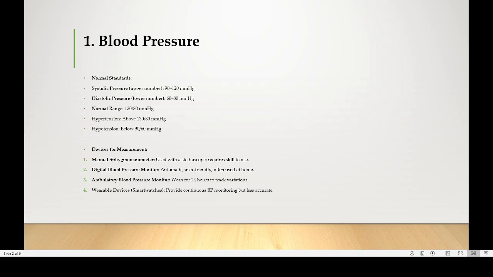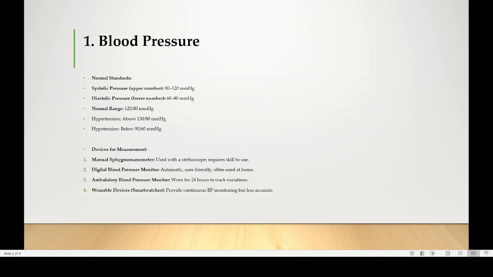Now we also have wearable devices for blood pressure monitoring. Many high-end monitors will be able to do this. These are some of the smartwatches that will give you an idea of your blood pressure, based on the pressure pulse variation.